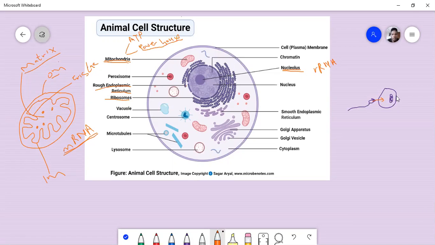Not the whole cell. So it means that the mitochondria of the father don't go into the cell. After this sperm releases its genetic material into the ovum, it's no longer important. It's useless. So the ovum now has the genetic material of the father and that of the mother, but it has its own mitochondria.